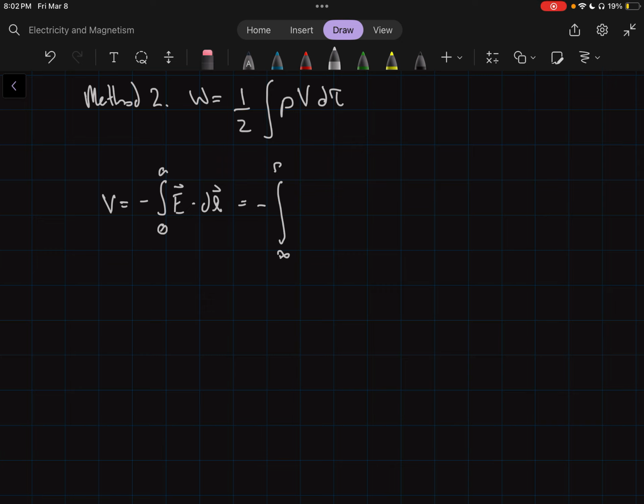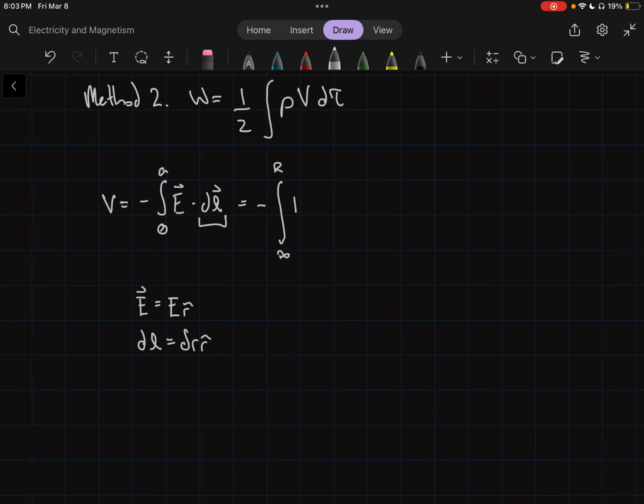So it's going to be minus the integral from infinity to big R of, and oh, actually another important note, this dl element is going to be dr r hat. So electric field vector, as we said, is E r hat, and dl is going to be equal to dr r hat because we are working inward radially.